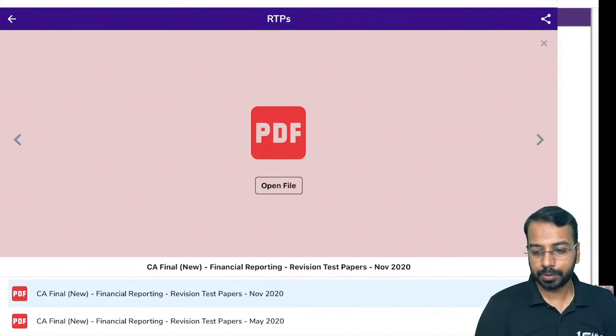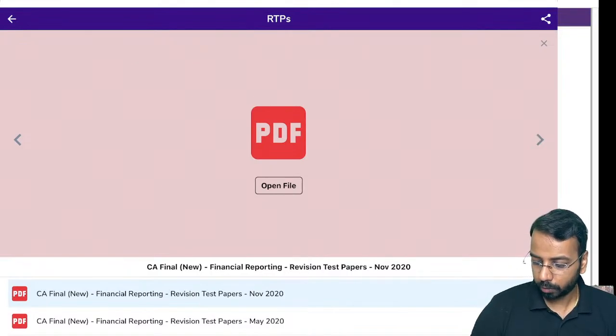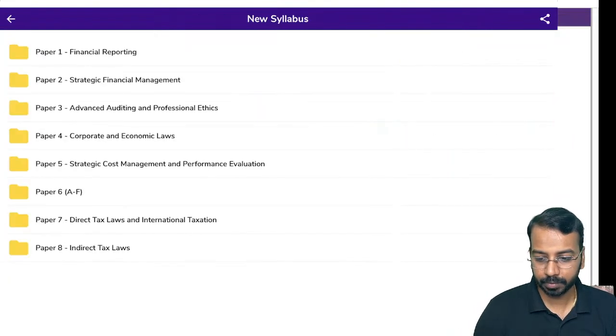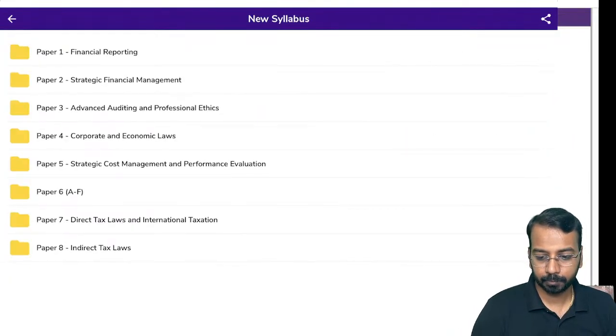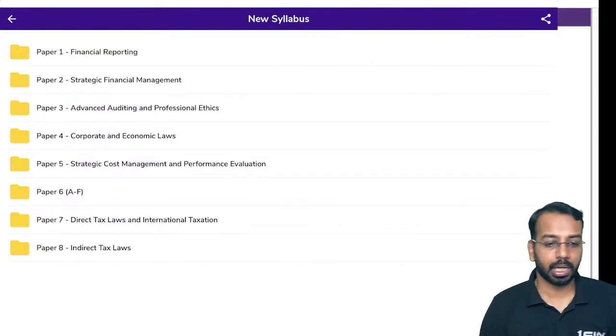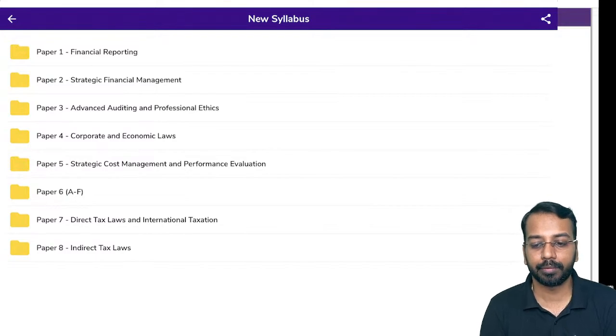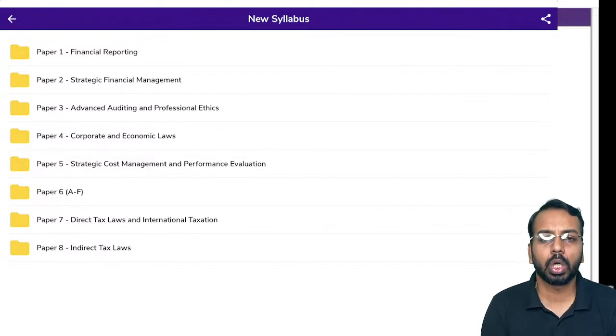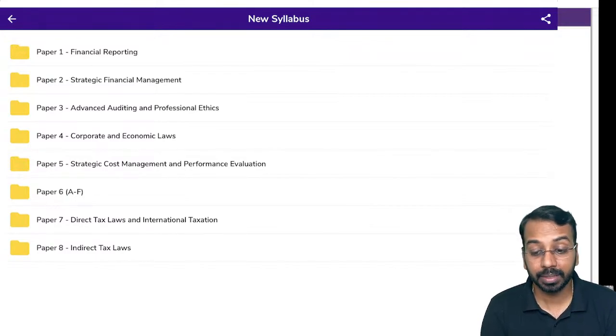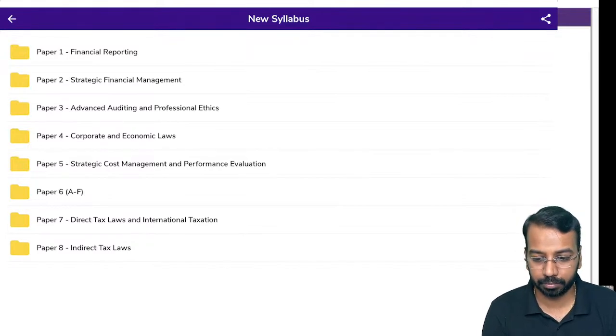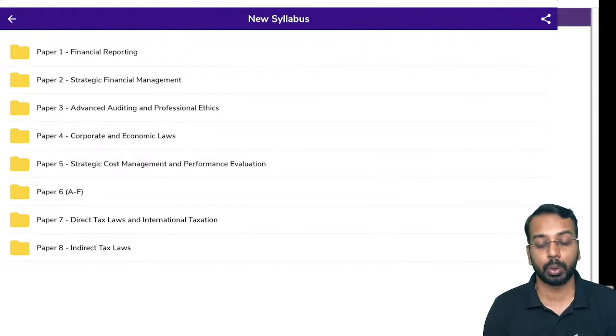Any questions so far on whatever we have done? Now, okay, one quick tip for both Ind AS 116 and also Ind AS 115. There is a lot of content in the study material. It will be difficult to keep track of. So how should we approach that? Let's say you want to revise it or you want to complete it.